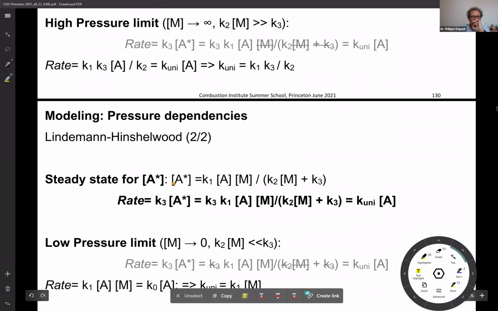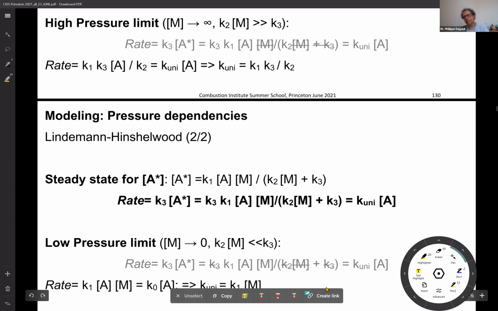At the low pressure limit, this equation can be simplified also, because M is getting close to 0. So K2M is much lower than K3. Therefore, the rate can be written as K1AM equal K0A, which means that K unimolecular is K1 times concentration of M.